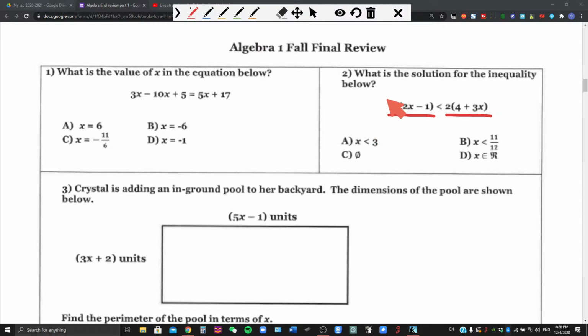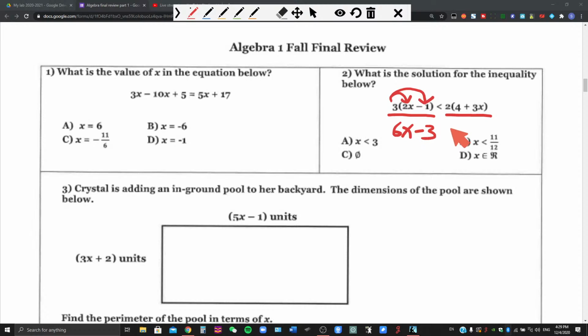When you unpack, the outside term will multiply each term inside. So first, 3 multiplied by 2x, that's going to be a 6x. And 3 multiplied by negative 1, that's going to be a negative 3.